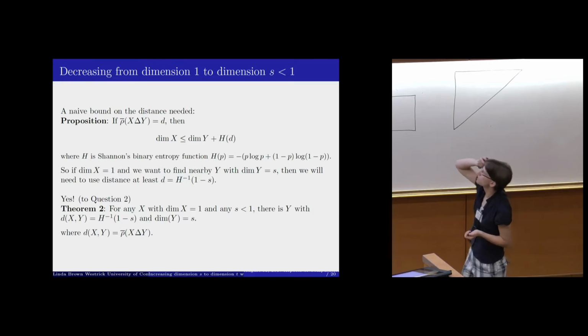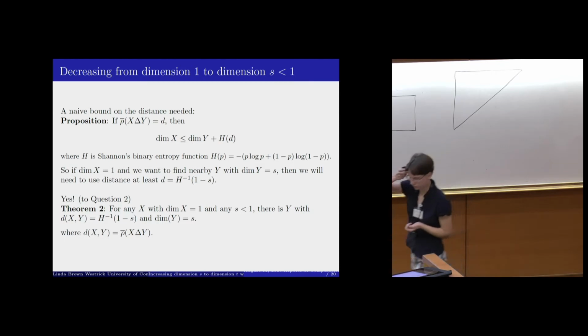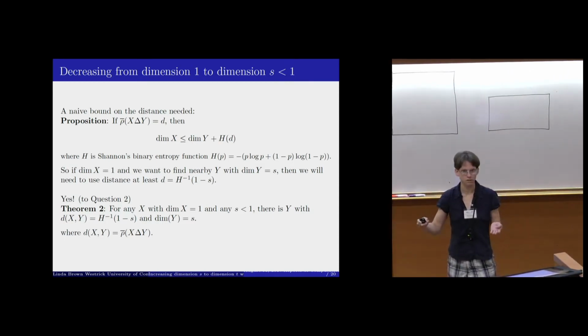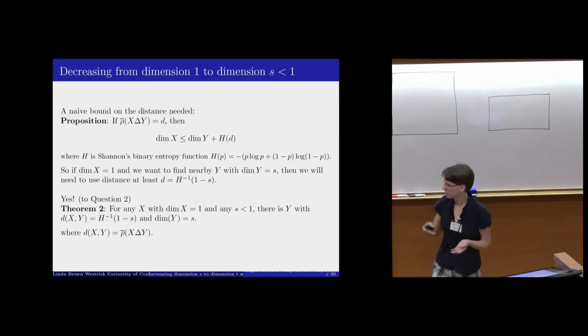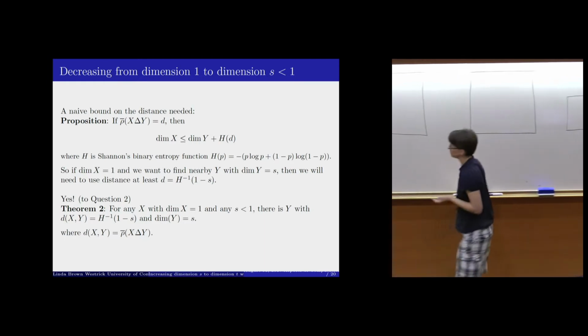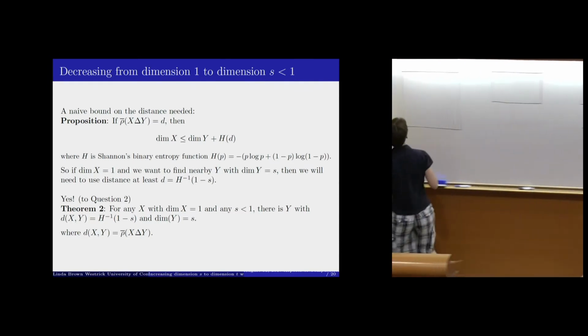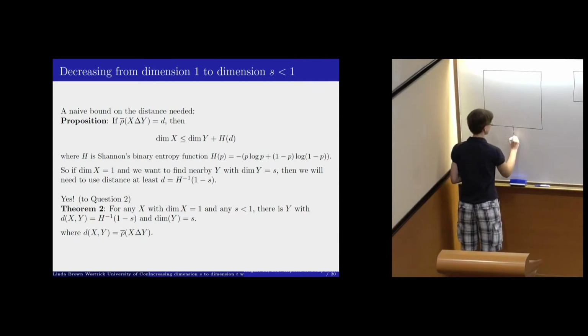Okay, so this h is Shannon's binary entropy function, which translates between density of bits and density of information that you can encode using those bits. Because I'm going to get into some convexity arguments, I know we all know what this function looks like, but I'm going to draw it so I can point to it later.